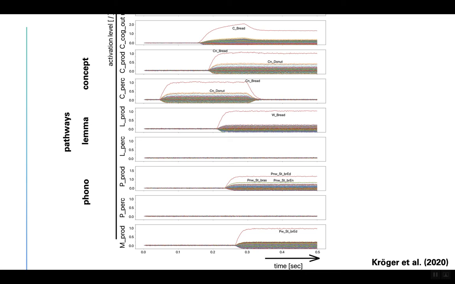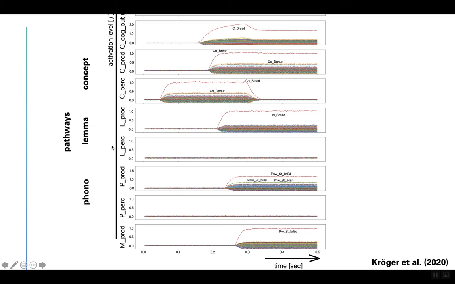But in addition, we have these S-pointer networks on each level. That can be seen here, for example, on the concept level, on the production and perception side. They interact with the mental lexicon, and we see that beside the word bread, we get a co-activation of a similar term, which here in our lexical context is donut.